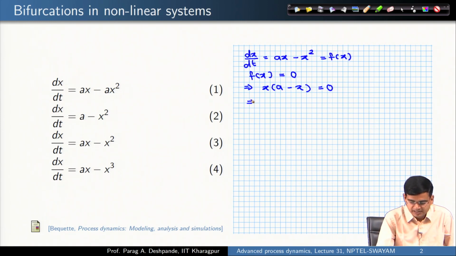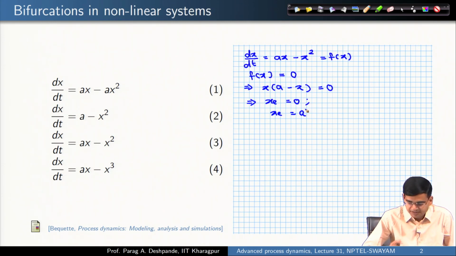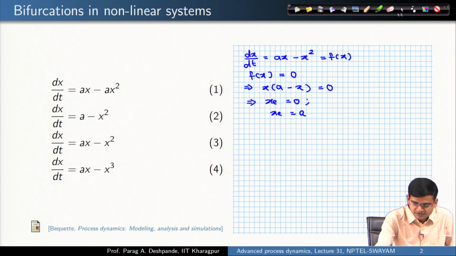So, from here I get x equilibrium is equal to 0 or x equilibrium is equal to a. I get 2 equilibrium solutions as x equilibrium is equal to 0 and x equilibrium is equal to a. Let me draw these curves.